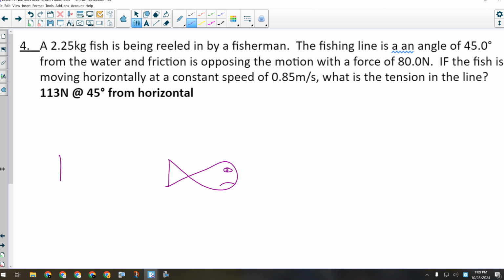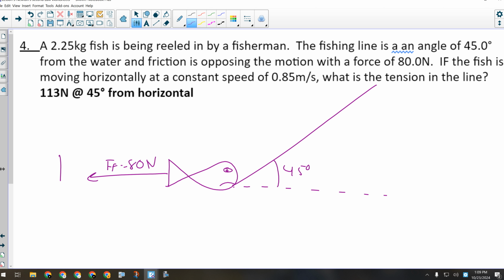This is a very unhappy fish because it has a hook stuck in its face. Okay, and here's what we know. We know that the fish is being pulled at a 45-degree angle. Okay, and we know that the force of friction is opposing with a force of 80 newtons.